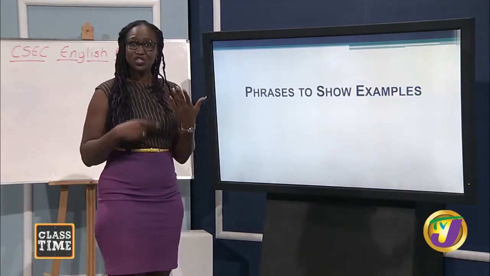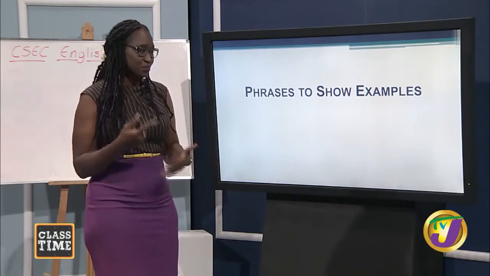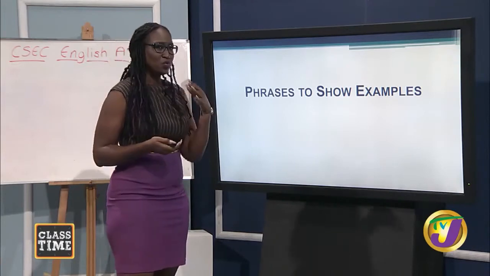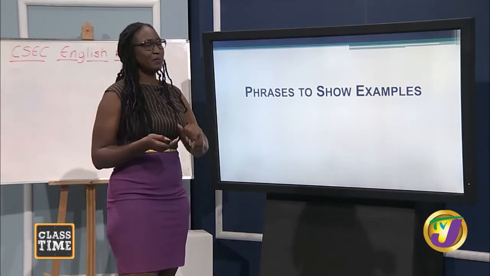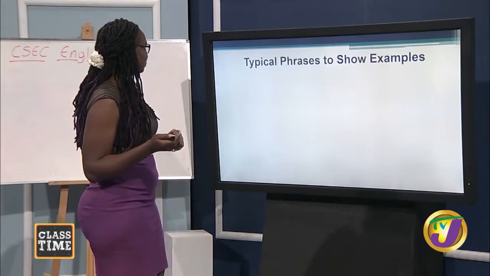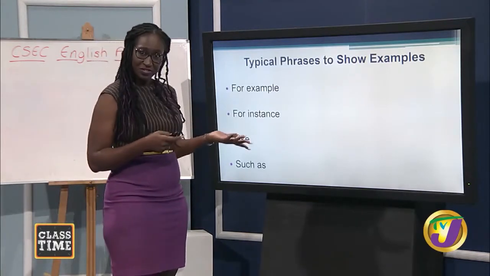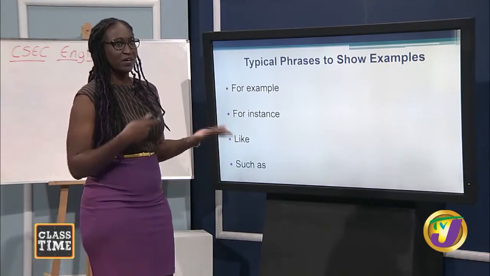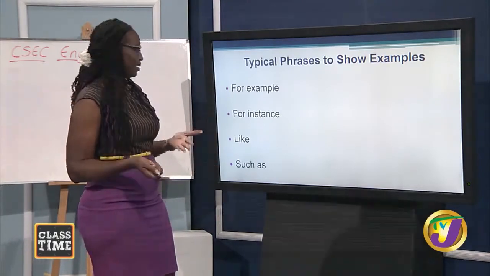Now, phrases that show examples, because you're going to be showing some examples as you write. So think about what would be the typical phrase to show examples. There's one very obvious one. And of course, there it is: "for example." There's no more obvious example shower than "for example."